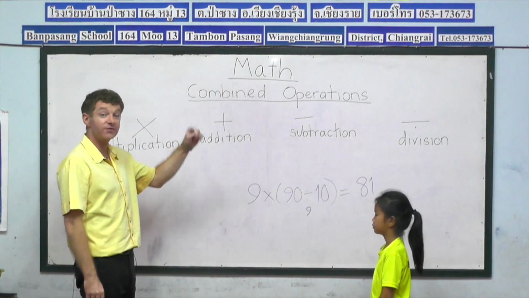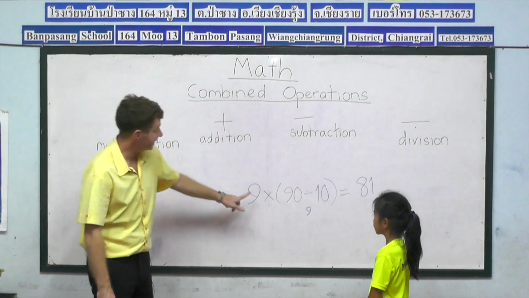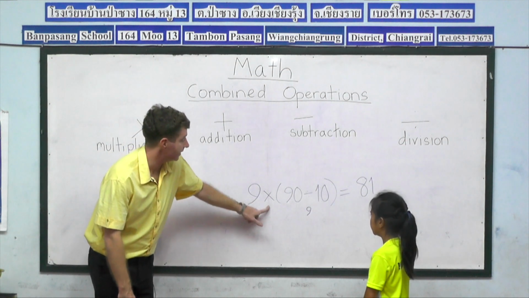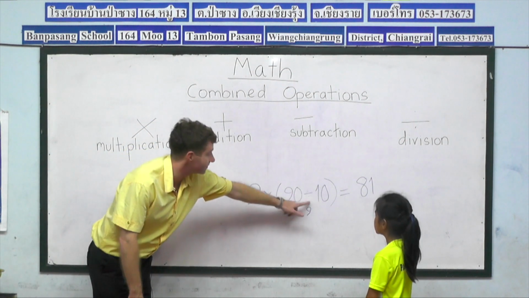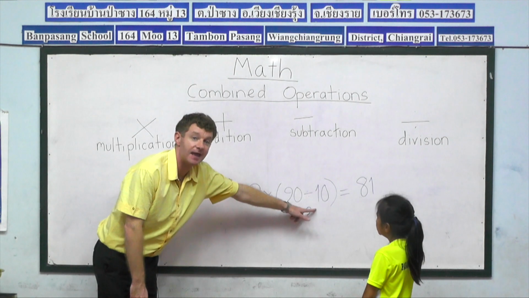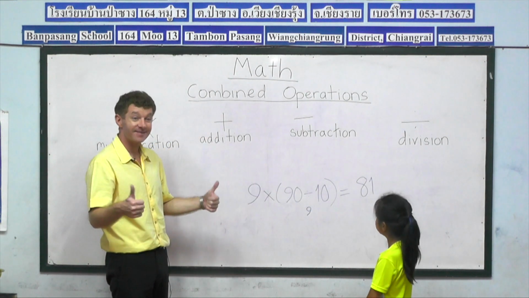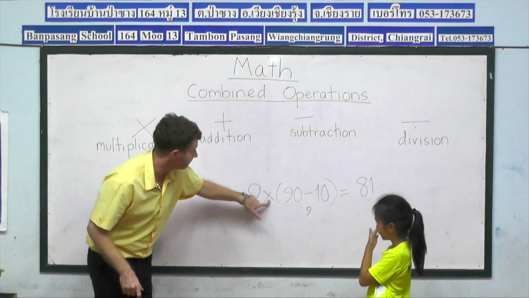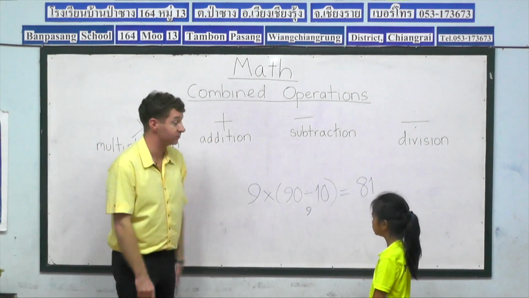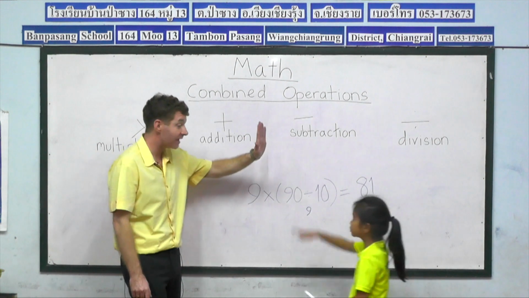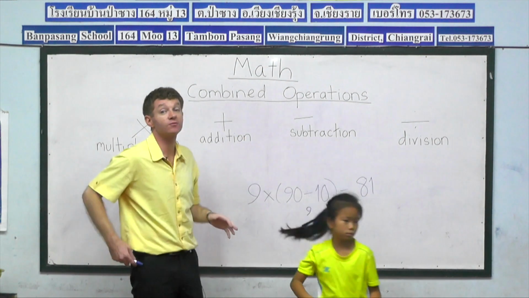So now, all together, we can say 9 times 90 divided by 10 equals 81. Perfect. Combined operation, multiplication and division. Prel, that was excellent. High five. And a big round of applause for Prel.